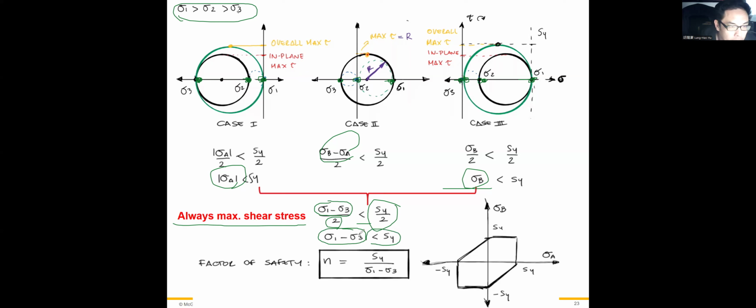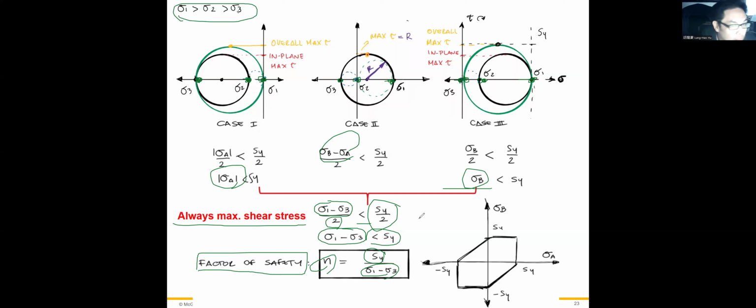Okay, therefore we define the safety factor evaluated from the maximum shear stress criterion, n, equals the yielding stress divided by sigma 1 minus sigma 3. And we can also plot the stress envelope of the maximum shear stress criterion.